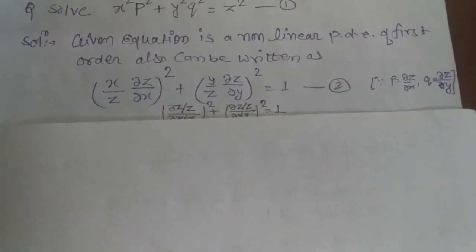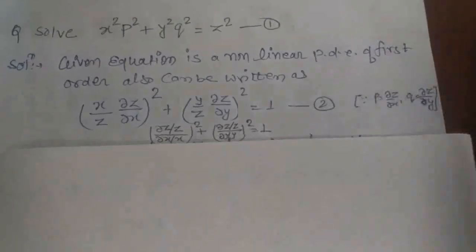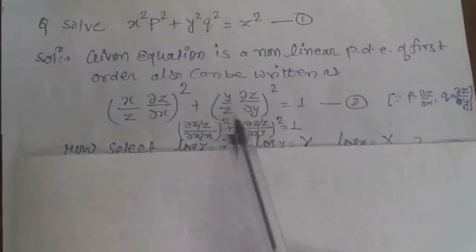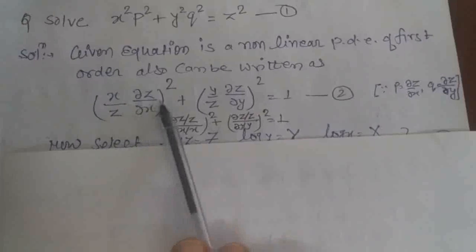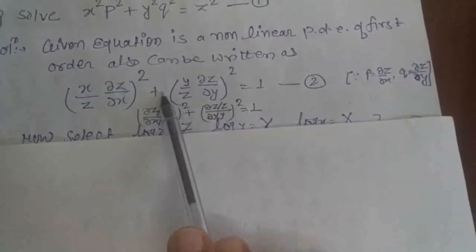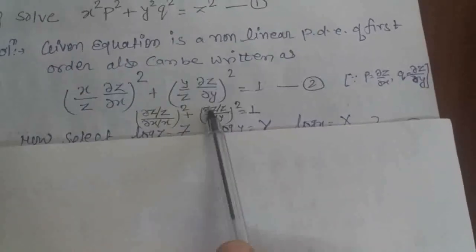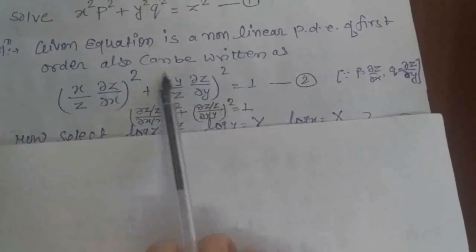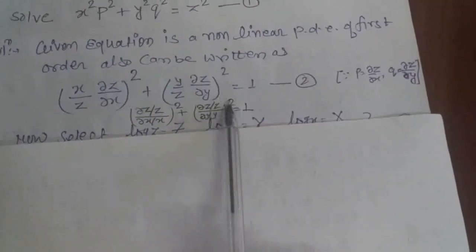Now this equation is similar to (del z by z upon del x by x) whole square plus (del z by z upon del y by y) whole square equal to 1.